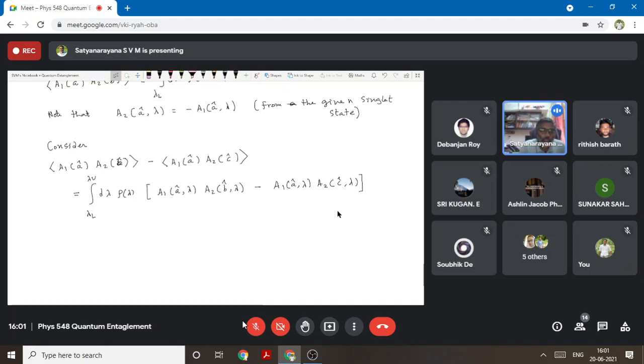Now I can write this as the integral from lambda L to lambda U, d lambda rho of lambda.